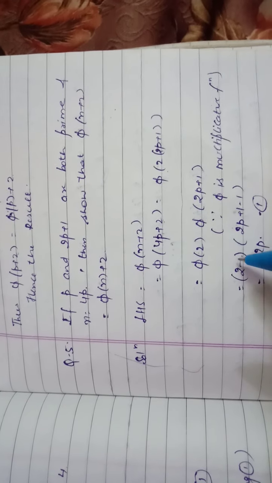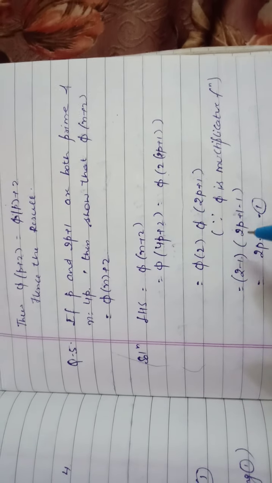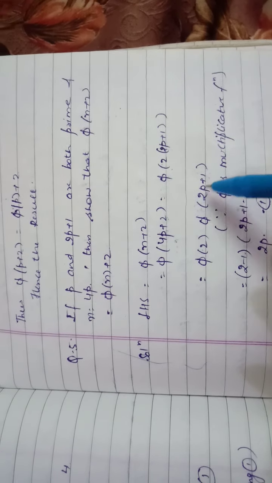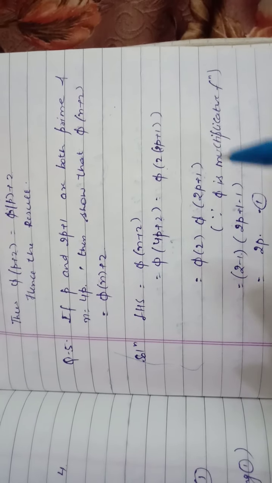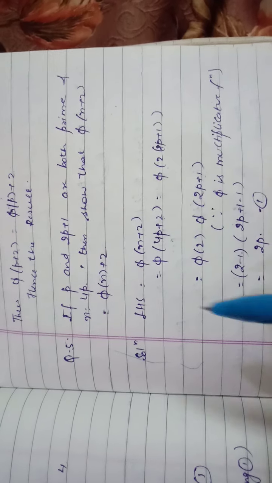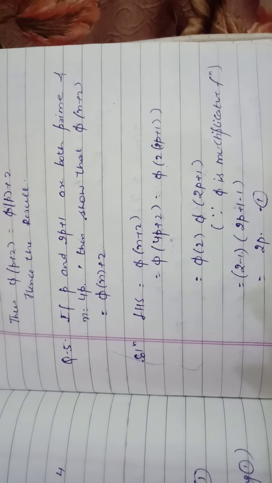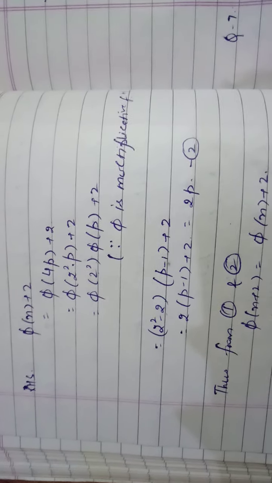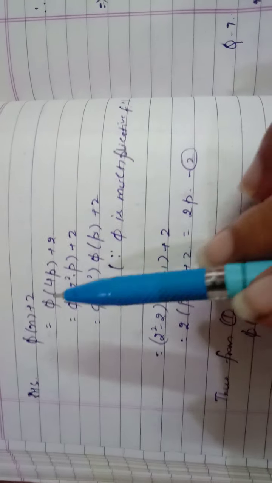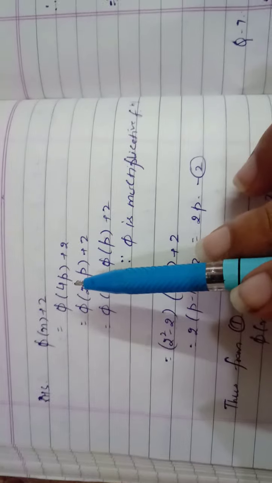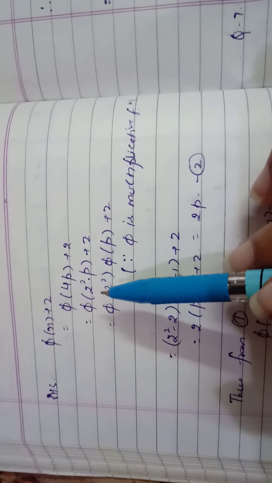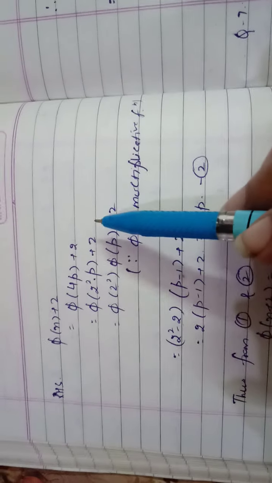Phi(2) is 2 minus 1. Phi(2p+1) is 2p plus 1 minus 1, as 2p plus 1 is prime, and again using the same result phi(p) equals p minus 1. On simplifying it, we have phi(n+2) equals 2p. Consider the right hand side, phi(n) plus 2, equals phi(4p) plus 2, which can be written as phi(2^2 into p) plus 2.